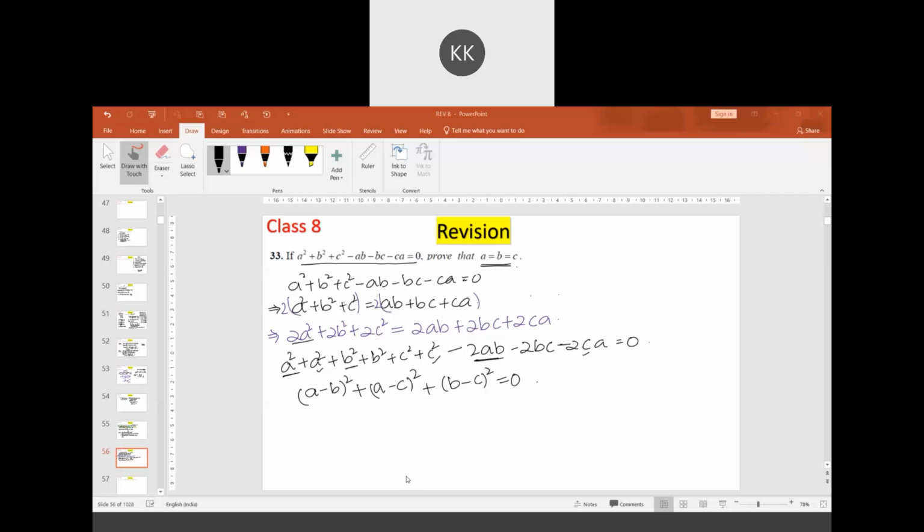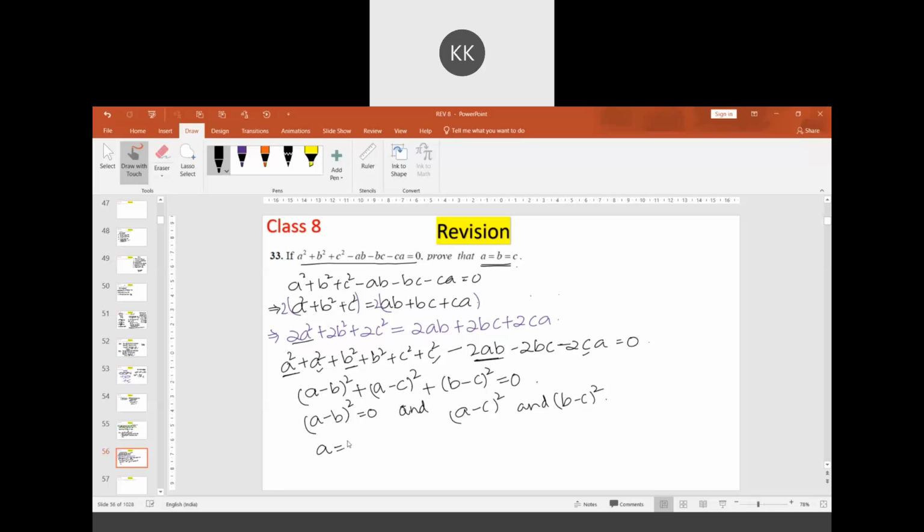Because 0 square plus 0 square plus 0 square is equal to 0. So A minus B whole square must be equal to 0, A minus C whole square equal to 0, and B minus C whole square equal to 0. This is the only possibility in this format.